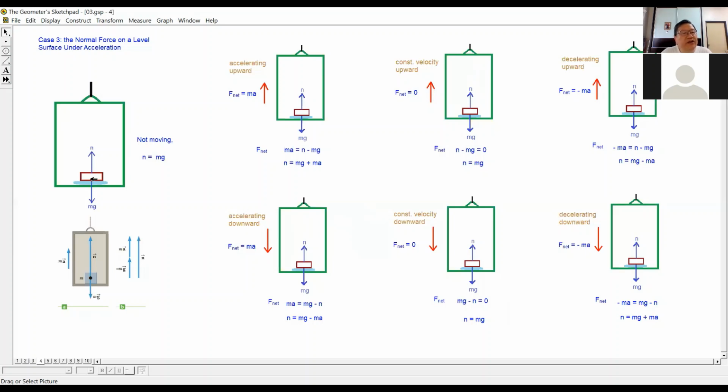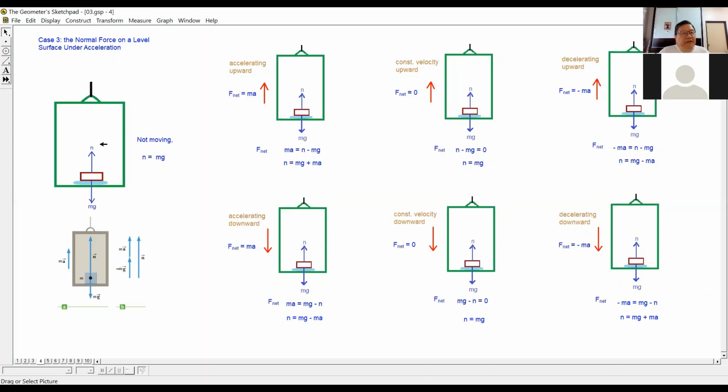In order to measure the normal reaction, you can put a bathroom scale there. You can stand on top of the bathroom scale, or just put the object on top of it, and you can see the weight of the object, which is the force provided by the normal reaction.